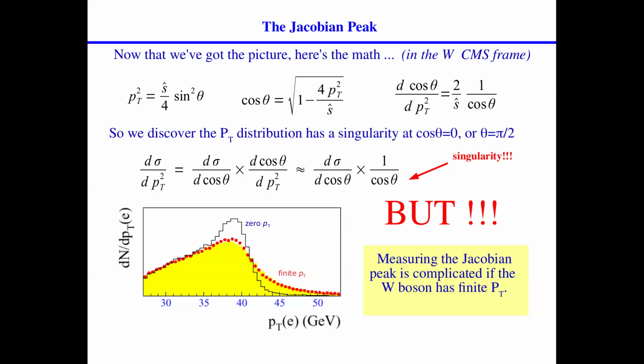Okay, so that looks great, but then when you go to the experiment and try to do it, this gets complicated because it turns out the boson initially doesn't have 0 PT. There's some various things going on, some soft processes that sort of smear that around. And if you give it a small PT due to various sources, you get this red curve. So it's not quite as good, but it's a good start. We'll come to a better measurement in a moment.